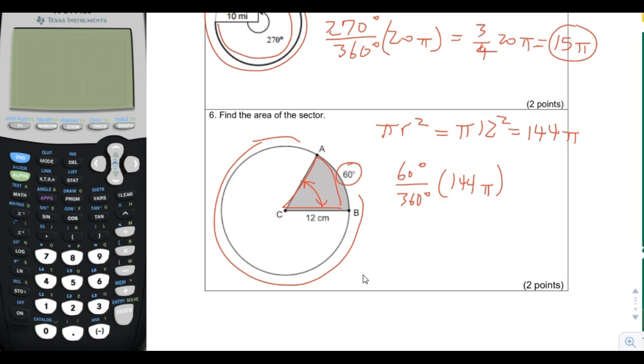And that'll give me the area of just this little pi piece. Get it? Pi piece? And this will give me 24 pi. And if you want to, you can put 24 pi in your calculator and figure out what that is. 24 times 3.14. All right, and that is page 2.